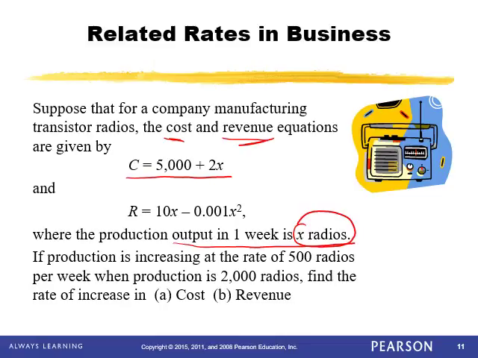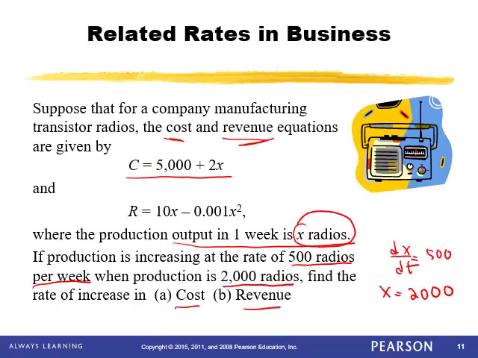Now, if production is increasing at the rate of 500 radios per week, x is the number of radios and we have a rate at which those radios are produced, then most likely the 500 radios is dx/dt, equal to 500. And when production is at 2,000 radios, so x needs to be 2,000, find the rate of increase in cost and in revenue.